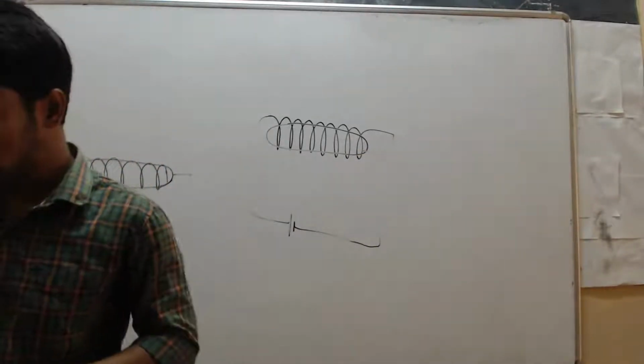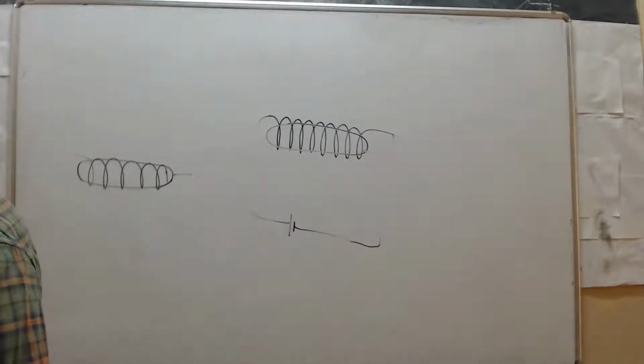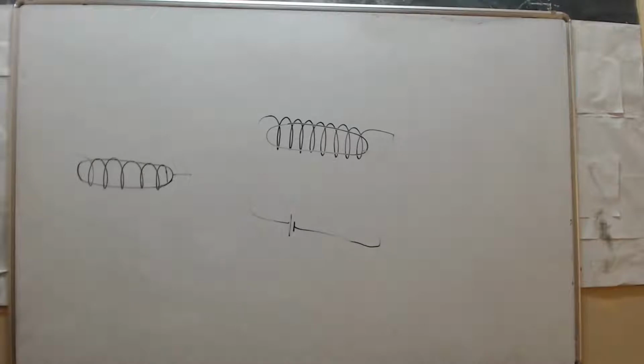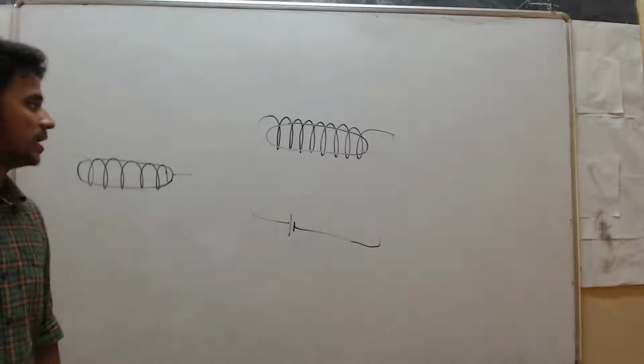What is an electromagnet? A long, tightly wound helical coil of metallic wire containing a soft iron core in its core is called an electromagnet.